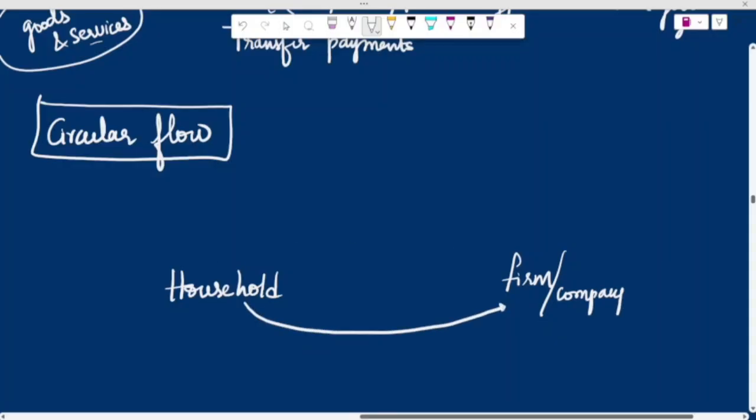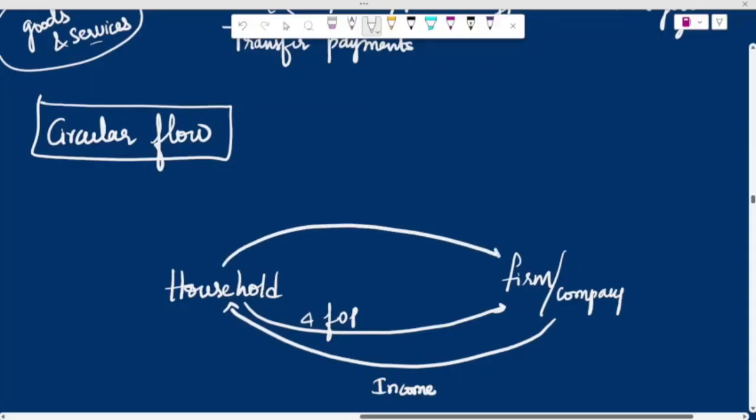So the company will be paying you something called income, right? Then with this income, you will be doing something called expenditure to buy the goods and services produced by the company.